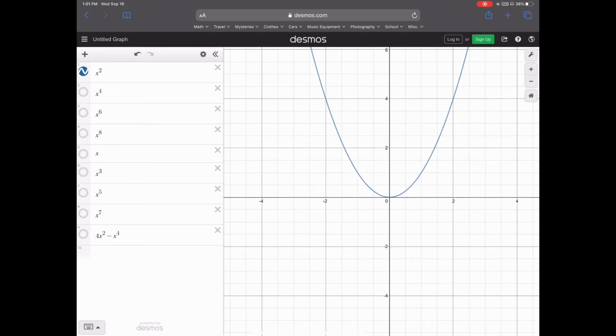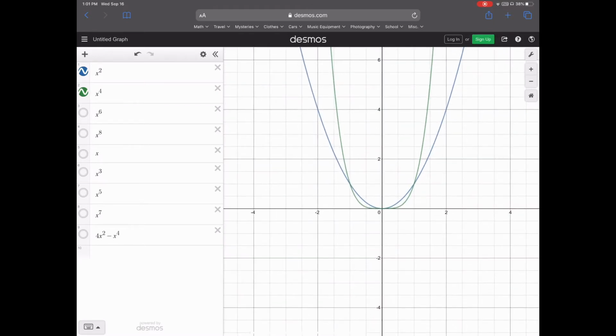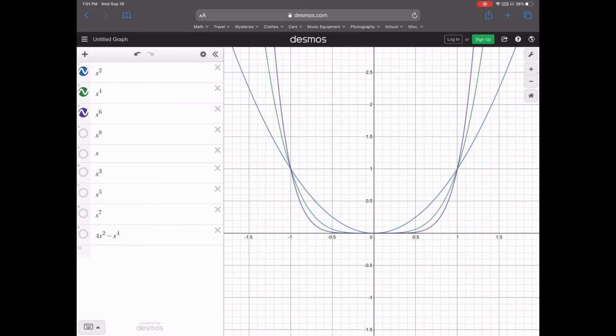If on that same graph we put an x to the fourth, it's got a similar shape. It's doing pretty much the same thing as far as the ends of it. X to the sixth is going to be this purple line. X to the eighth is the red. As you can see, they're all following a similar pattern.